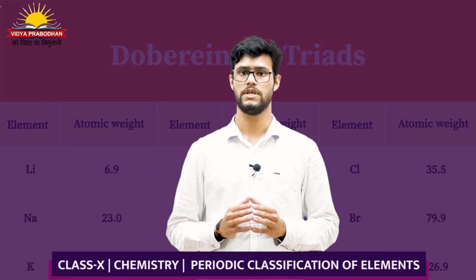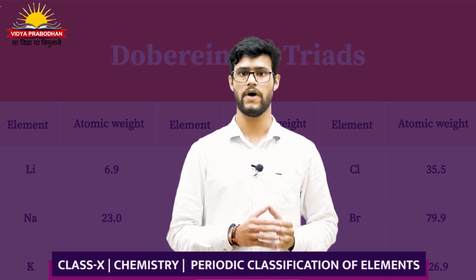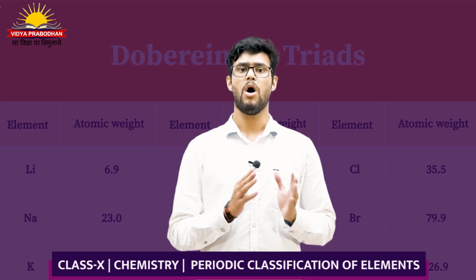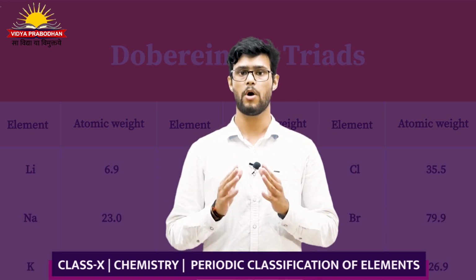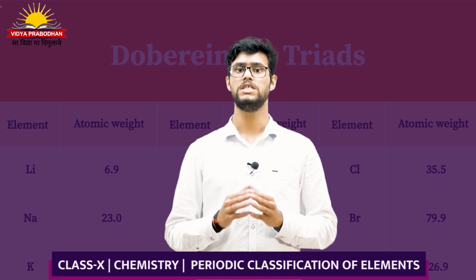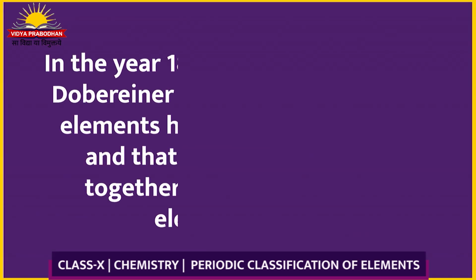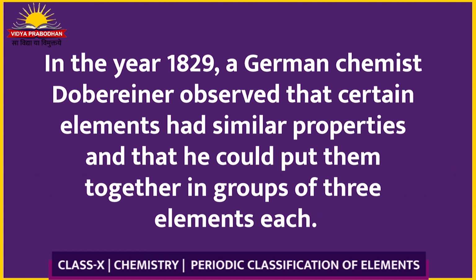In earlier attempts, the elements were classified on the basis of their properties. All the elements having similar properties were put in one group called a family. In the year 1829, a German chemist, Dobereiner, observed that certain elements had similar properties and that he could put them together in groups of 3 elements each.